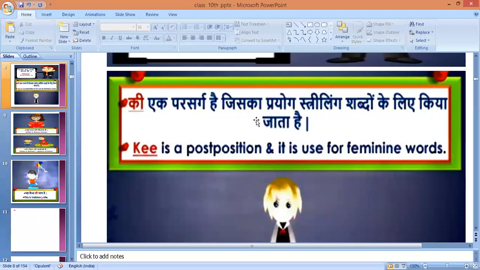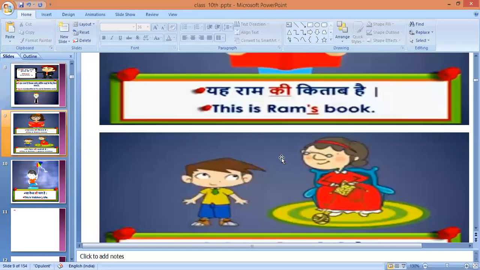की एक परसर्ग है जिसका प्रयोग स्त्रीलिंग शब्दों के लिए किया जाता है. It is a post position and it is used for feminine words. Wherever the strilinga words are there we use this badi ki matra की. We see the examples now. यह राम की किताब है.